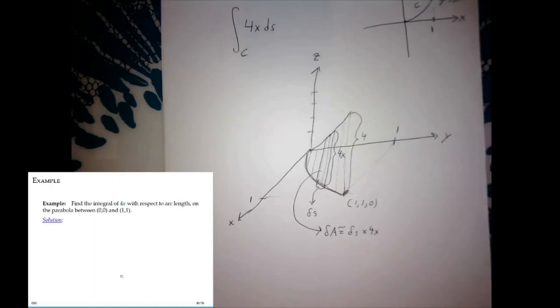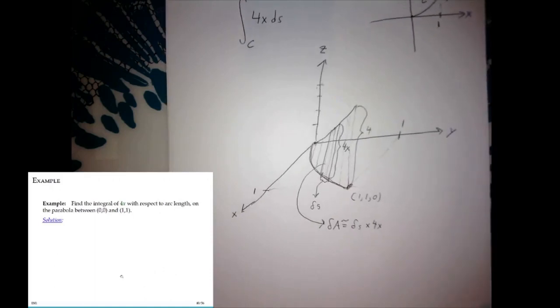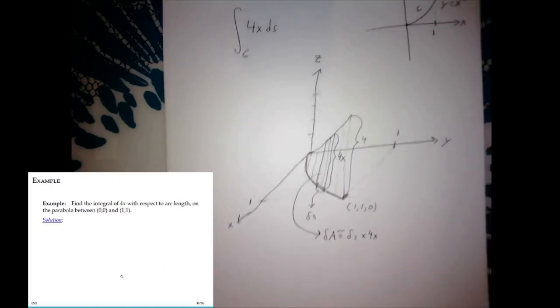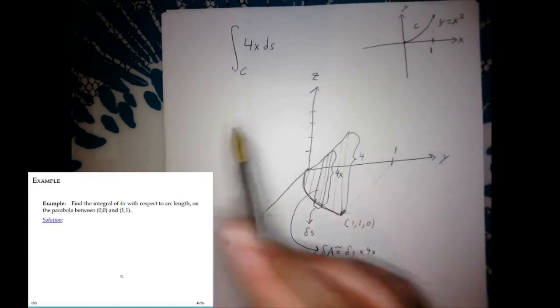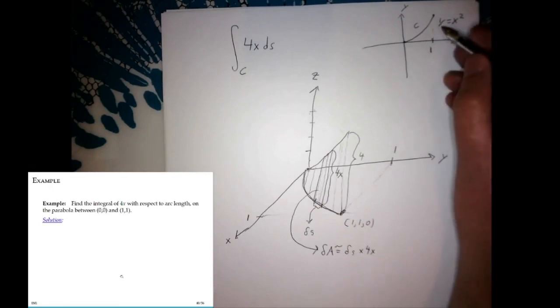Okay, well, we can still just continue to evaluate this integral without really thinking about this interpretation if we want. So let's now just evaluate the integral. We can parameterize using the x coordinate as a parameter.